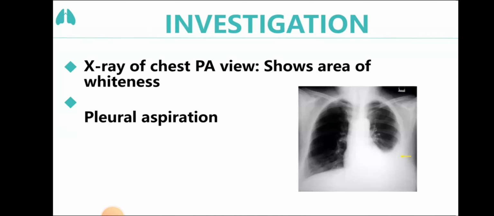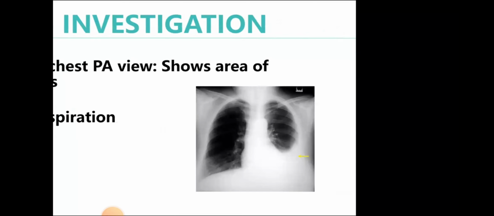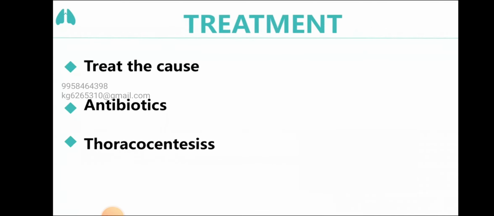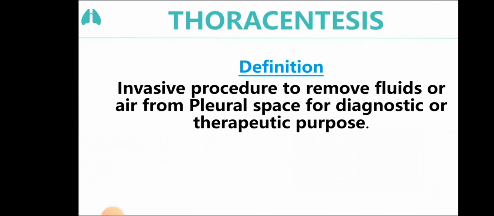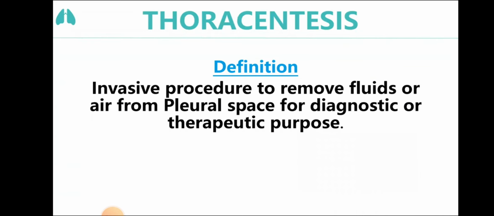About the treatment, as we have already told about the different causes for pleural effusion, the first thing is to treat the cause, and if there is infection, we can go for antibiotics. Another procedure is thoracocentesis. Thoracocentesis is an invasive procedure to remove fluid or air from the pleural space.